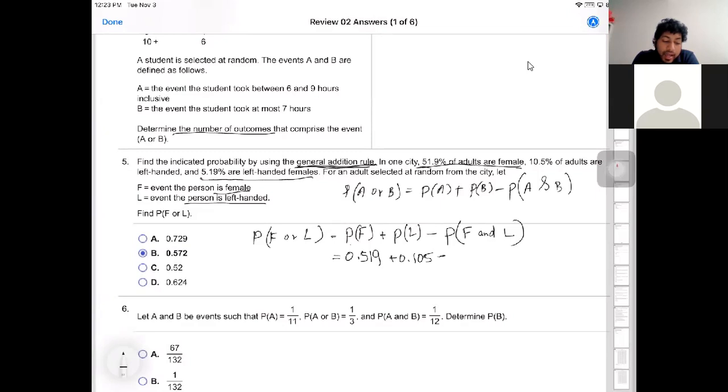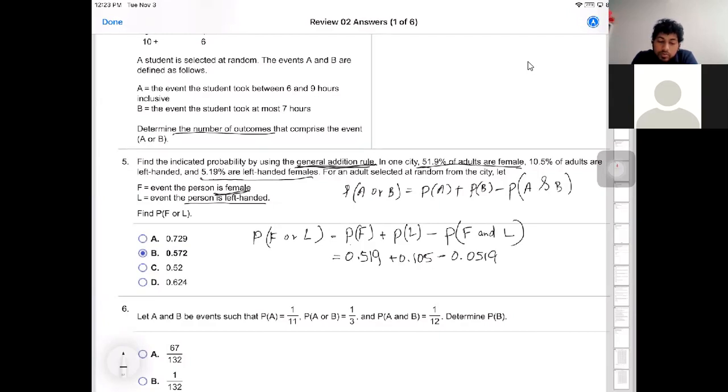I think this is the value, right? 5.19% are left-handed females. Yes, what does F and L mean? F is female, L is left-handed. So F and L means female left-handed. So they have given 5.19% are left-handed females. Convert it to probability, which means divide by 100, 0.0519, right?